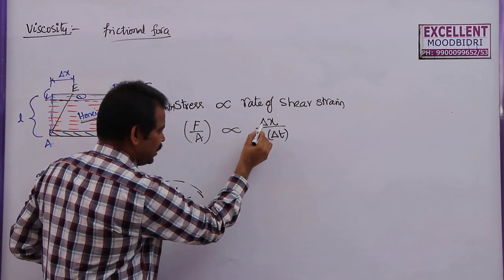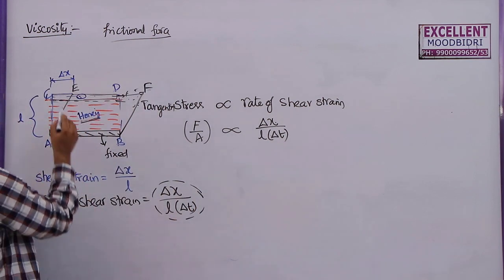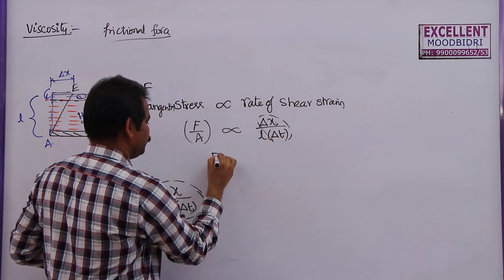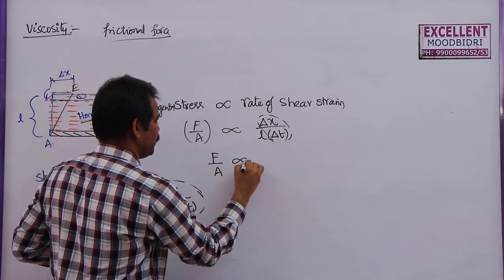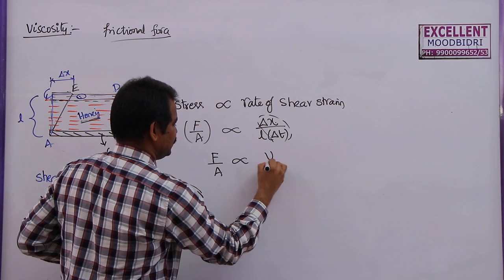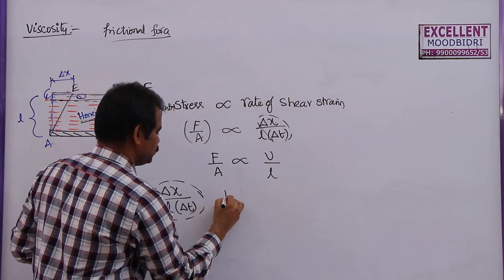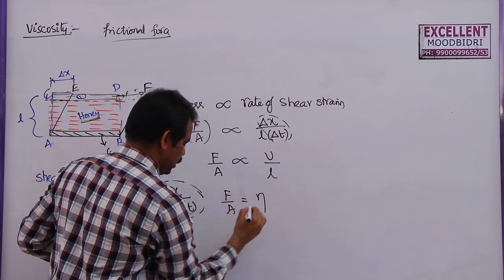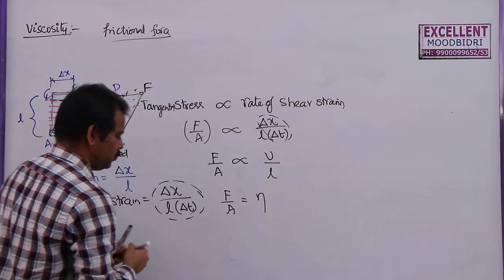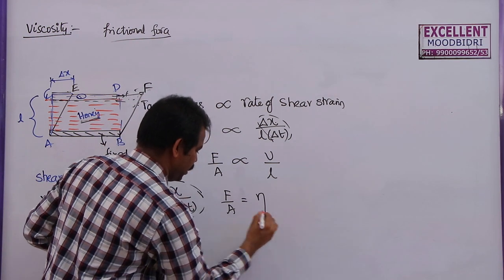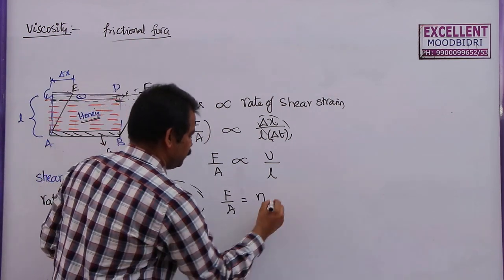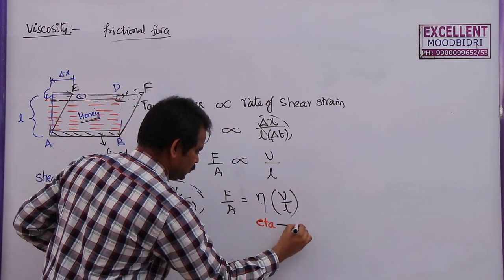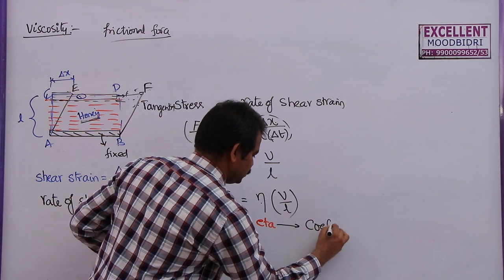So what is this delta x by delta t? The rate at which this x is changing with respect to time, so we can call it a velocity. So force per unit area is directly proportional to velocity by length, and force by area is equal to some constant eta, which we read as eta, times V by L. This eta is called the coefficient of viscosity.